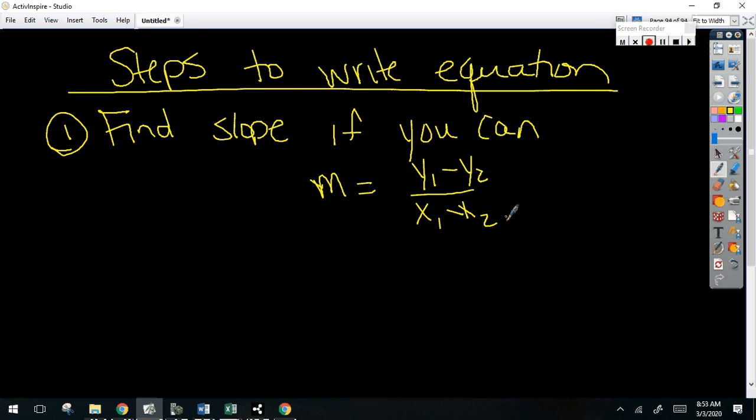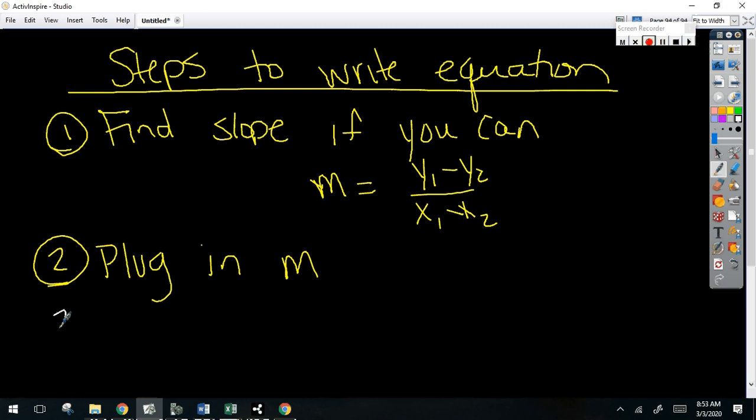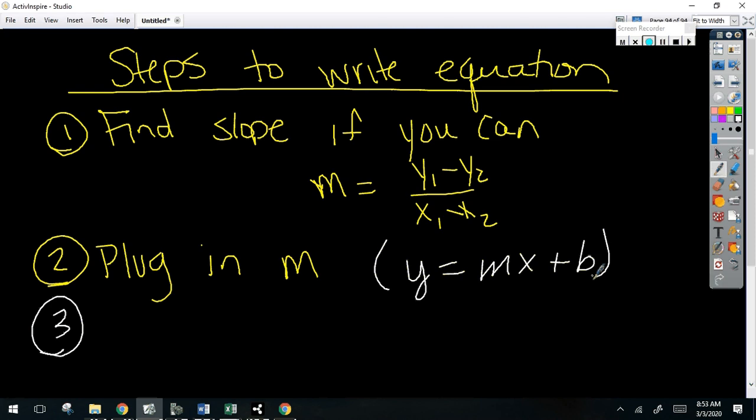After you find that, you're going to plug in m for your equation. Remember that was mx plus b. So we didn't have to actually calculate it on the one we just did.